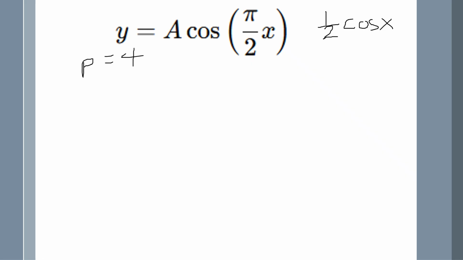To do that, we use the formula for the period. Don't pay attention to this, this is a tad bit wrong. Let me block this off. Sorry, y'all.